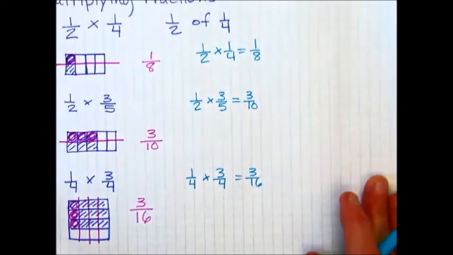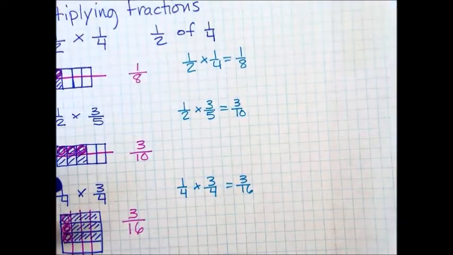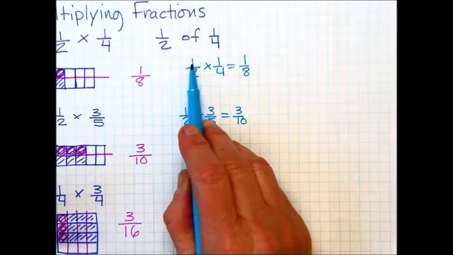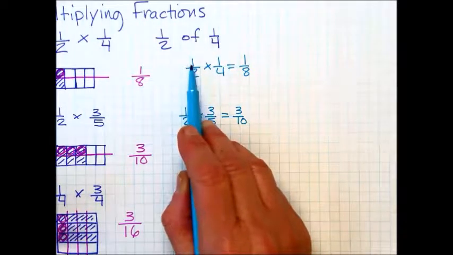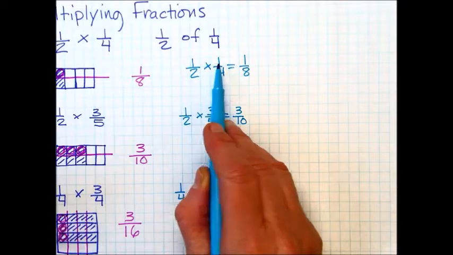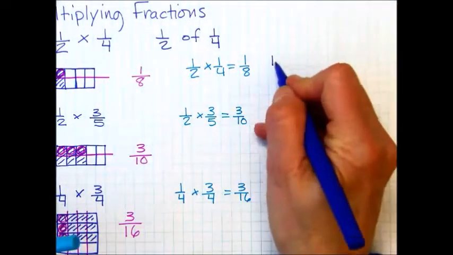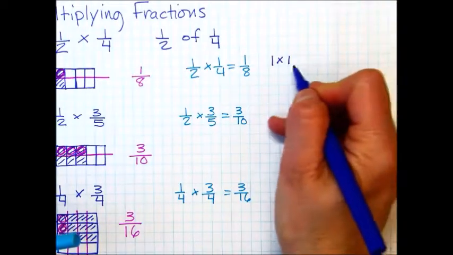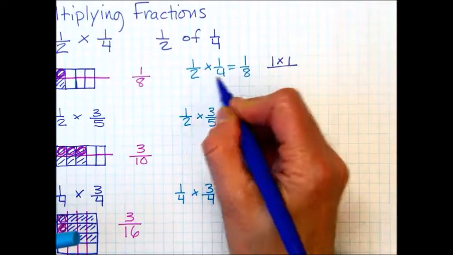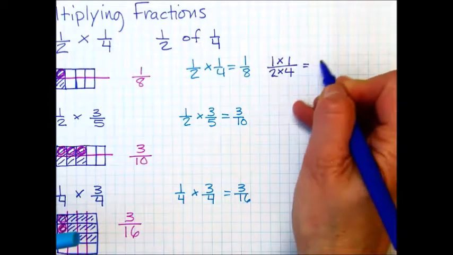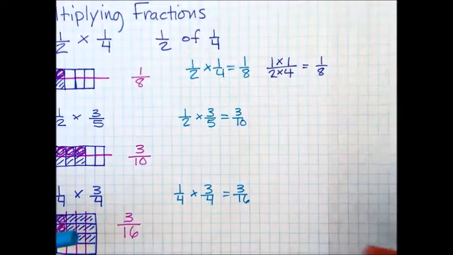I'm going to go back, and just to be really explicit, if you look at our numerators, when we multiply them across, 1 times 1, and 2 times 4, we get 1/8.